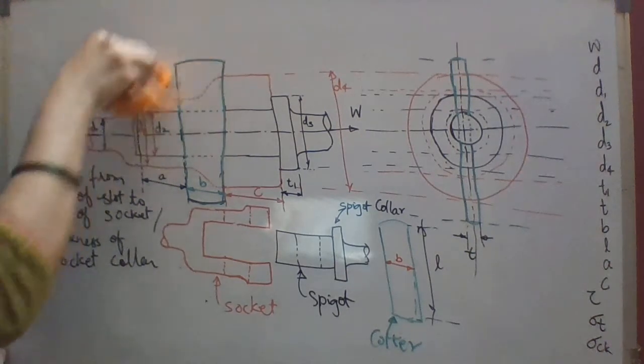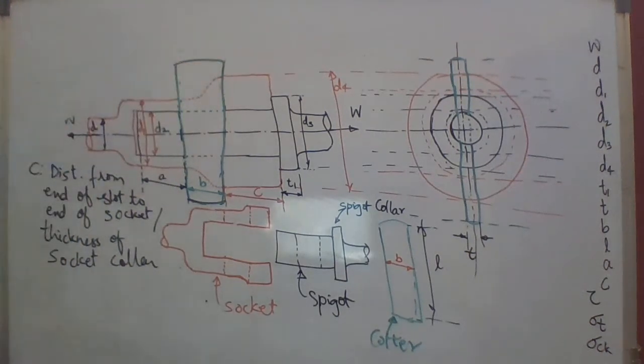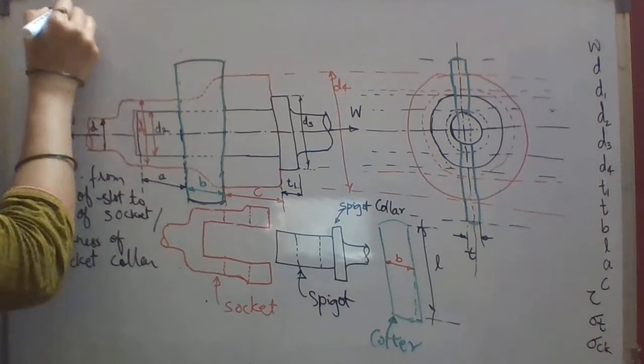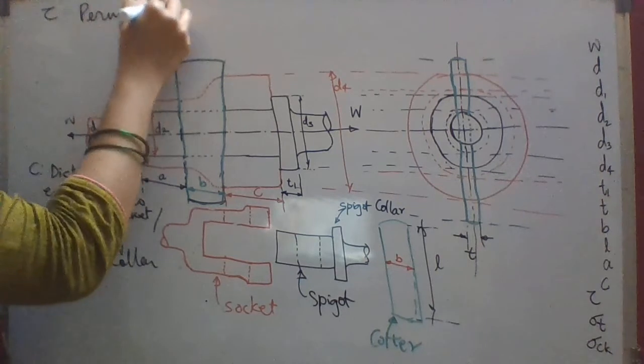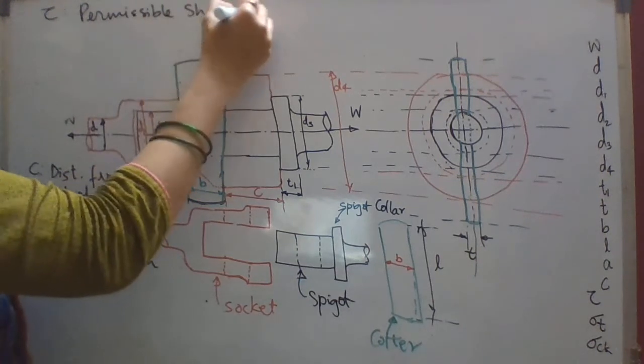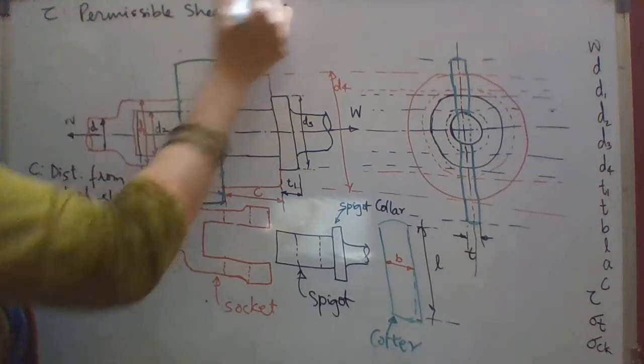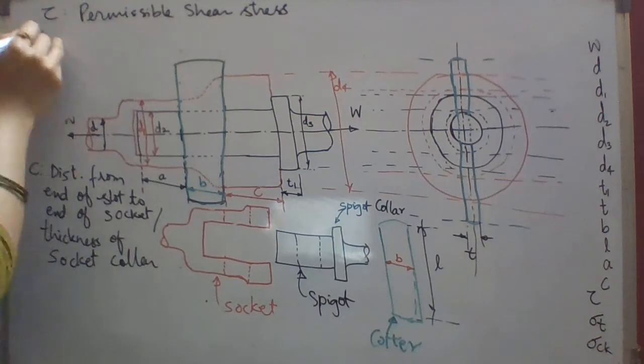So what is tau? Tau is the permissible shear stress for cotter material.